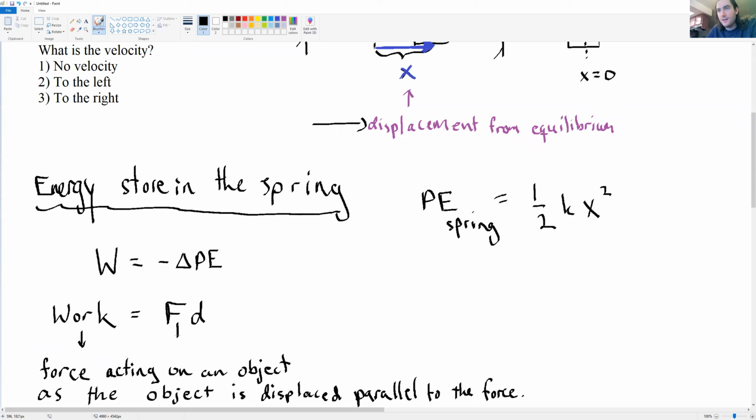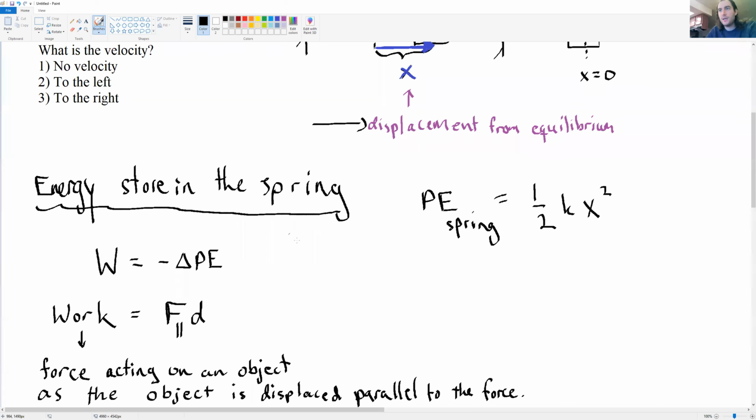Let's just use D, and we'll put the x in when we talk specifically about Hooke's law. So work is a force that's parallel to some displacement or a distance that's traveled in a single direction. This work equals minus the change in potential energy.